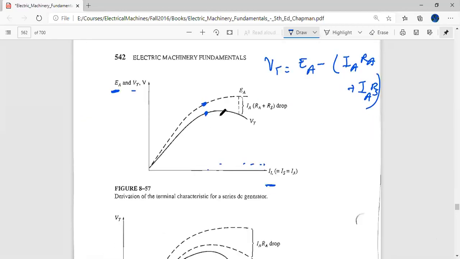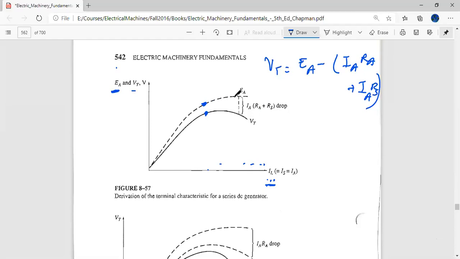And you can look at these terminal characteristics in a DC series generator. If you increase IL, you are basically also increasing the field. That means you will contribute to the increase in EA. It is true up to some extent; it behaves linearly, but after a time, the magnetism becomes saturated as in the other machines. So you cannot increase the magnetic field more, even if you increase more and more of the load current and the field current.